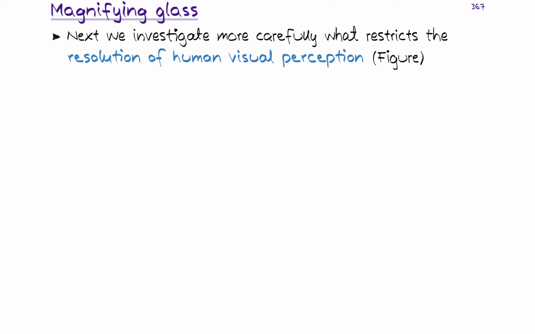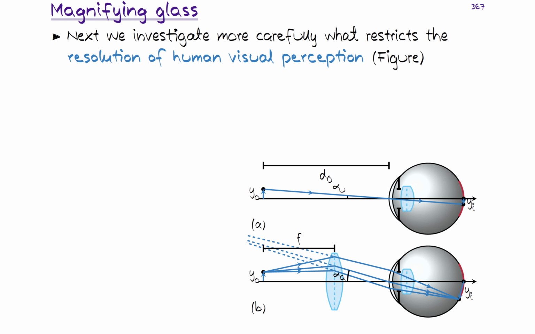And let's look more carefully at this problem at hand, because this is essentially what limits the resolution of human visual perception, as has been highlighted in the figure, and we want to understand how we can improve the resolution so that we can look at smaller objects with the same human eye. This teaches us something about the near point of our human eye and how human vision works, and of course also acts as a motivation towards the follow-up lectures.